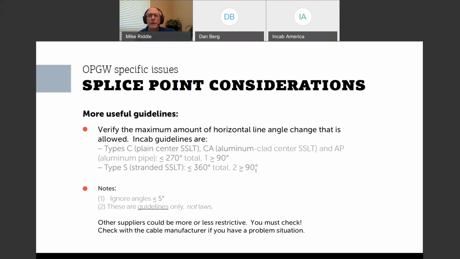A question, would you recommend testing each reel at the staging area before installation, given there is a QC test report on each reel? So perhaps this is overkill. I think that customers should test their cable when they receive it. And of course, then after it's installed, especially if a contractor is involved.